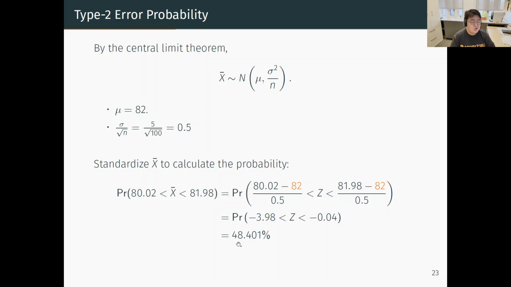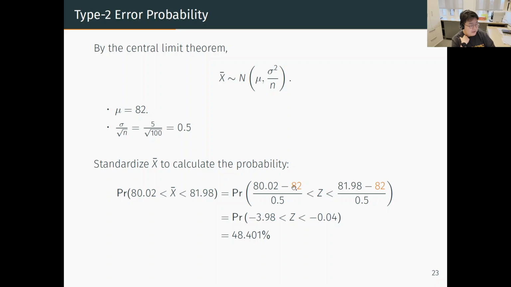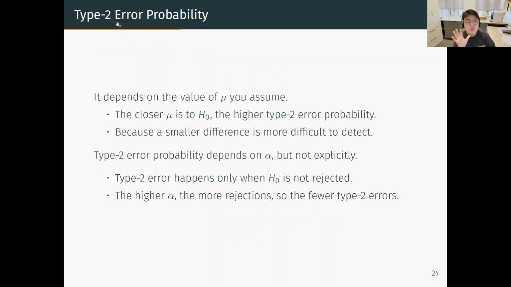Okay, so then you will get 48.401% from Excel. What you can learn from here is that if you chose, say, 83 or 84, then the probability will be different because those numbers would be different. So the type 2 error probability depends on the true value.